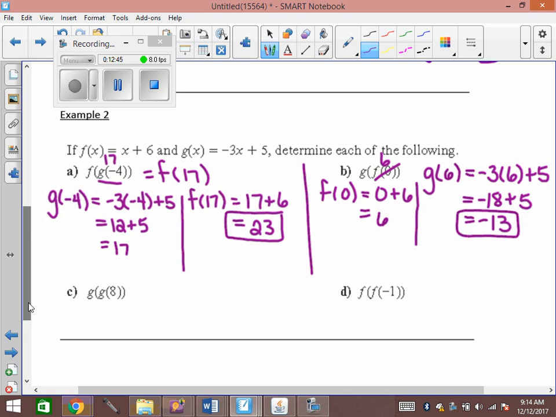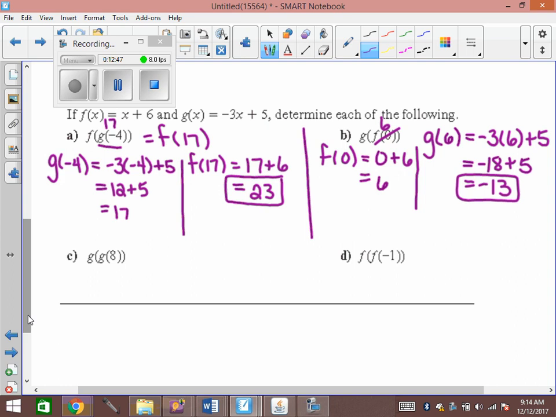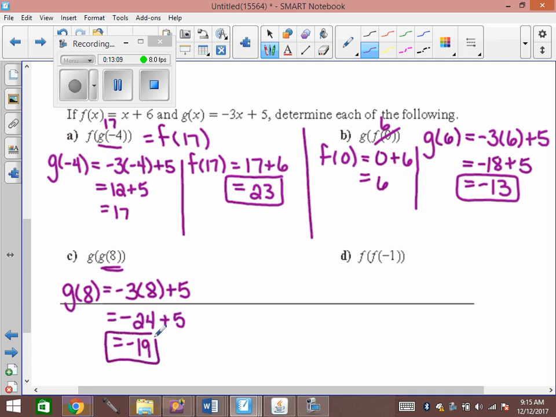And then if they're the same, it doesn't change it, right? You're going to do G of 8. So I'm going to do G of 8 first. So I'm going to get negative 3 times 8 plus 5, which is negative 24 plus 5, which is negative 19. So now instead of G of 8, I can fill in negative 19, right?